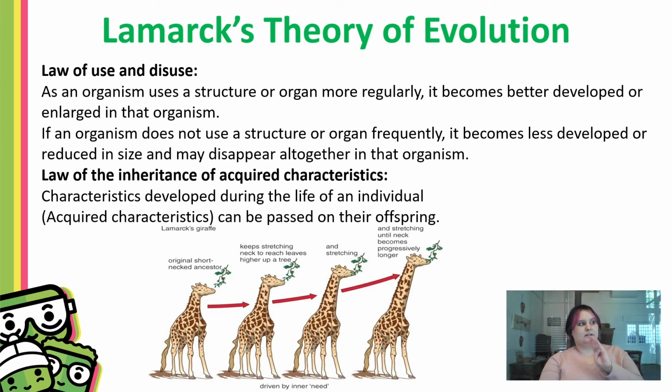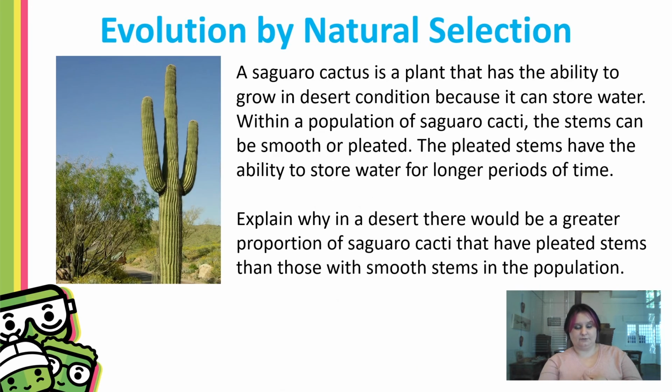Next comes Darwin's theory of evolution. Charles Darwin, famous English naturalist, proposed the idea of evolution by a process called natural selection. And this is what our current theory of evolution is based off of. We'll illustrate this by using an example.